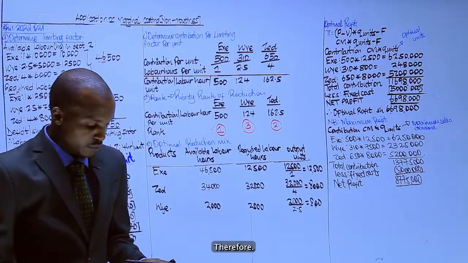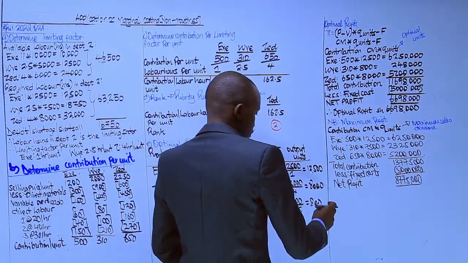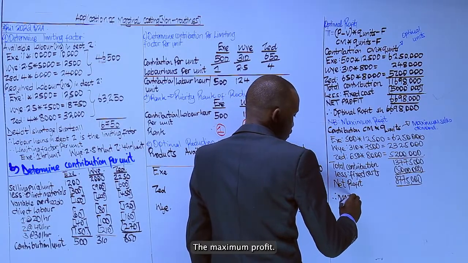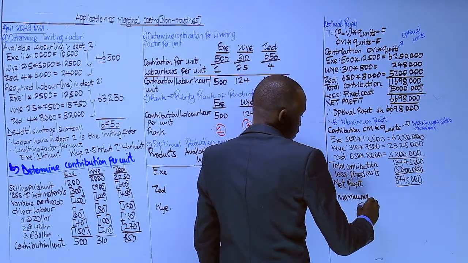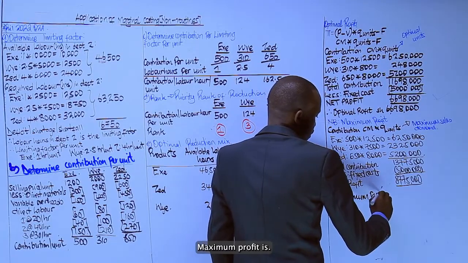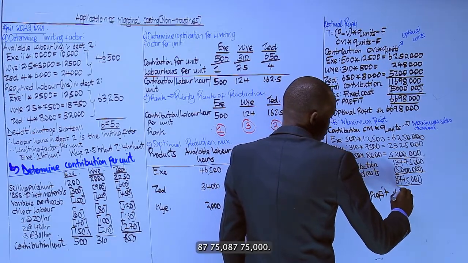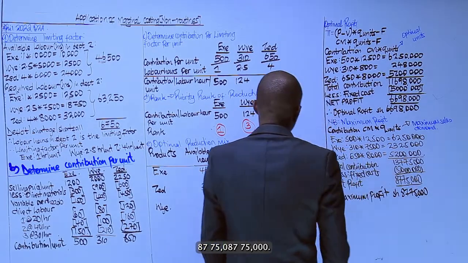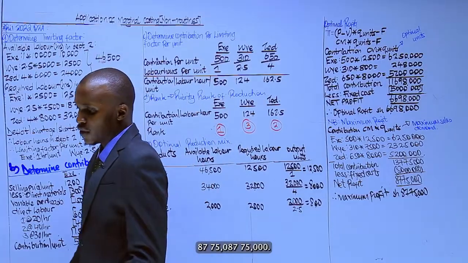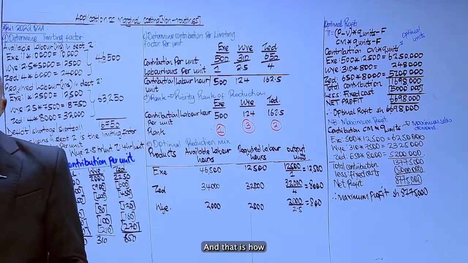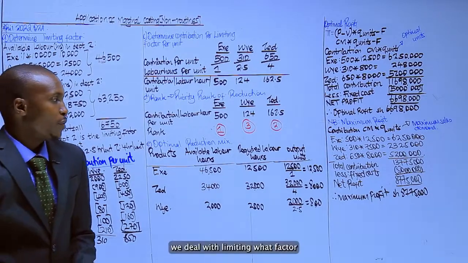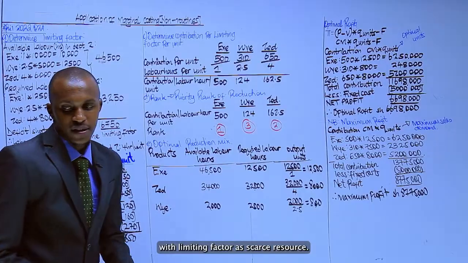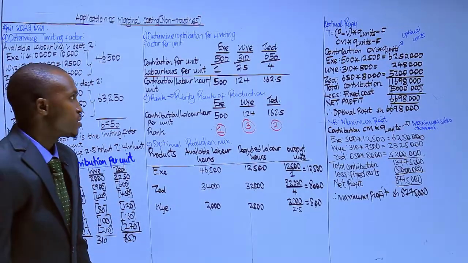Therefore, maximum profit is 8,775,000. And that is how we deal with limiting factor, with limiting factor as a scarce resource.